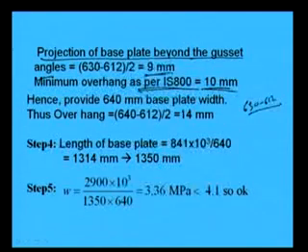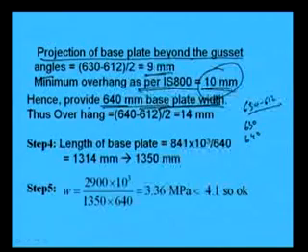So let us increase from 630 to 640 mm base plate width. We used 630 earlier, now we are going to use 640, to make minimum overhang more than or equal to 10 mm. If we make it 640, we get overhang as 640 minus 612 by 2, that is 14 mm, which is greater than 10 mm.